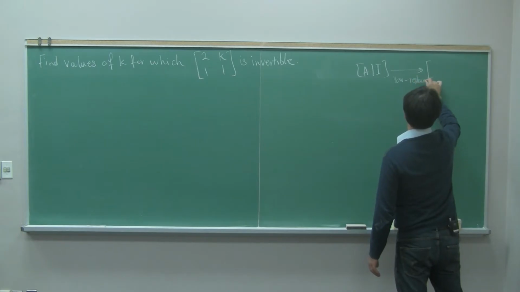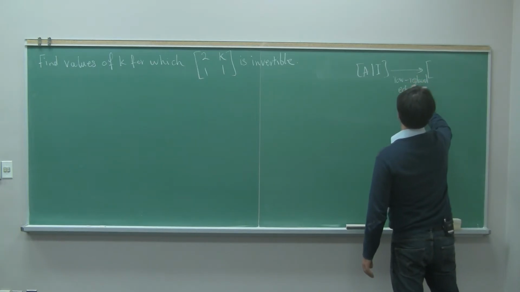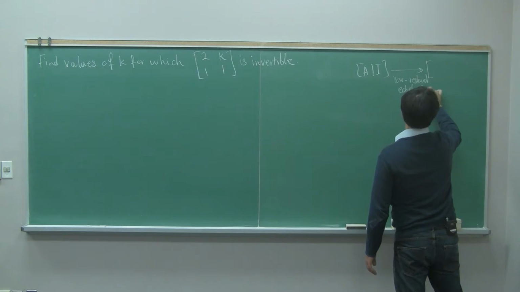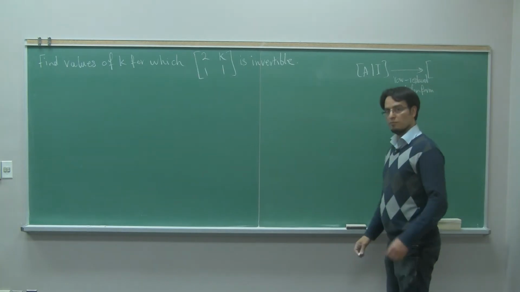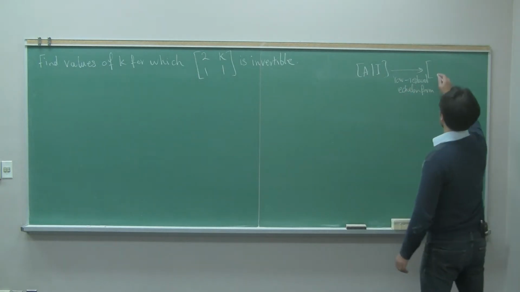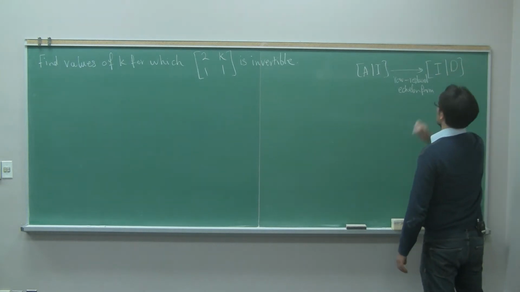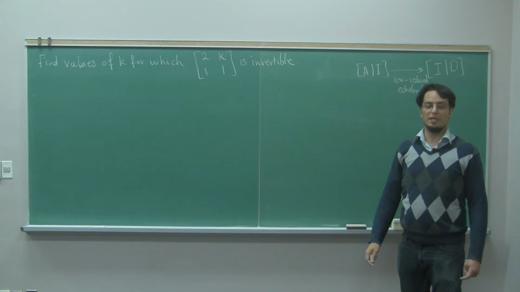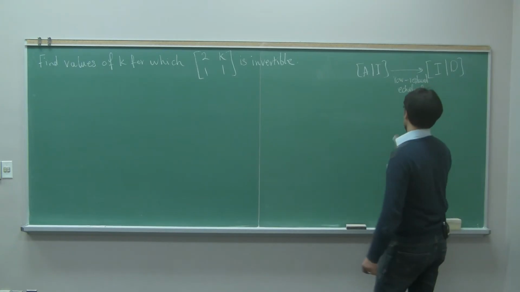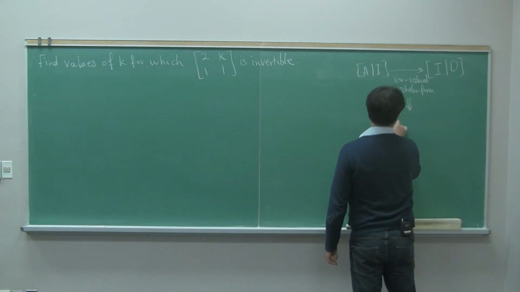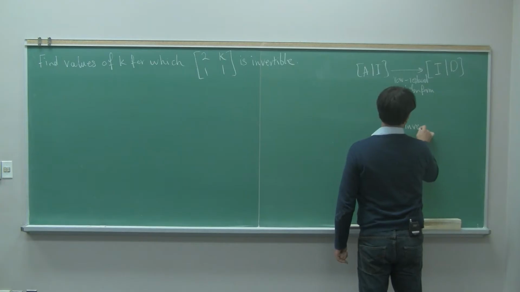If you can get to identity on the left, that means your original matrix A is invertible.